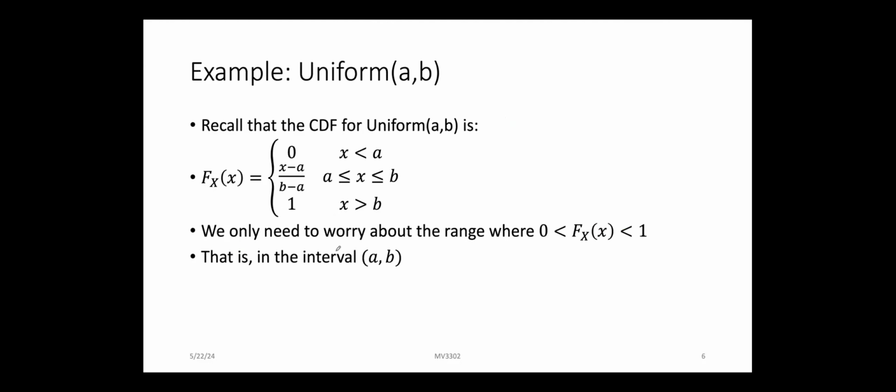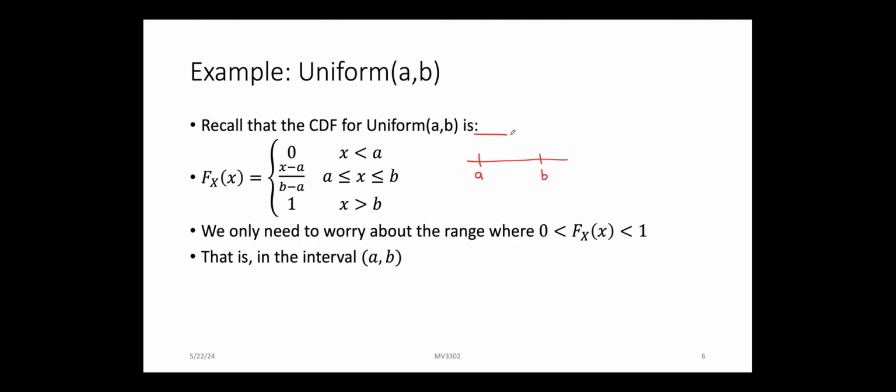All right. Well, let's look at an example. Now, recall that the CDF for the uniform from A to B is this. You may or may not recall that, so let's check that a little bit. Let's remind ourselves about the properties of a probability density function.